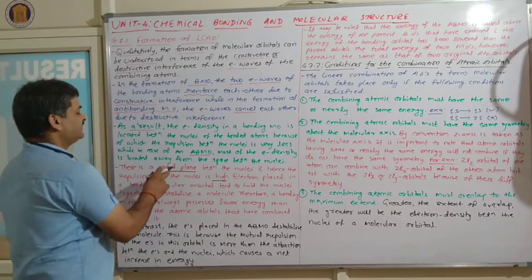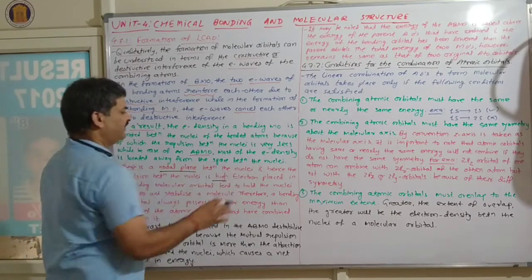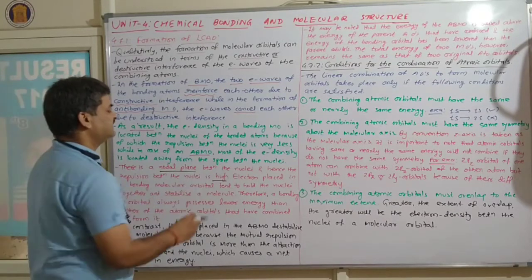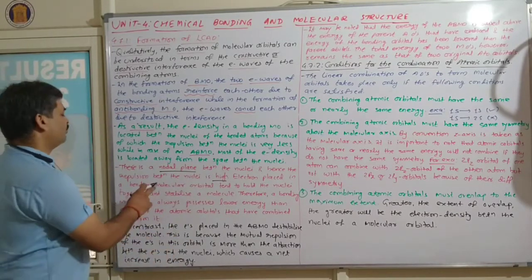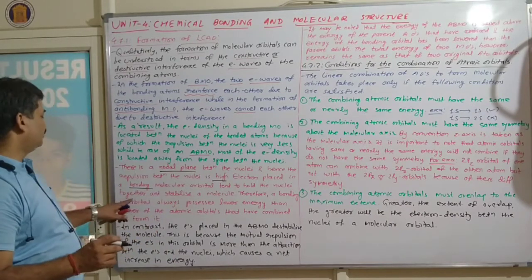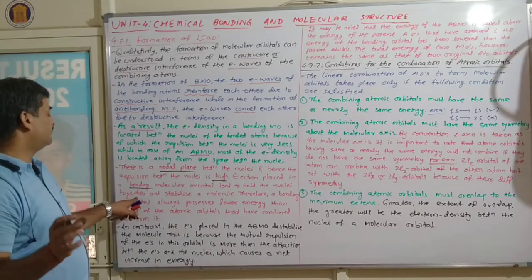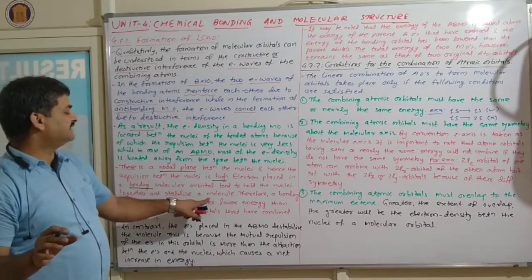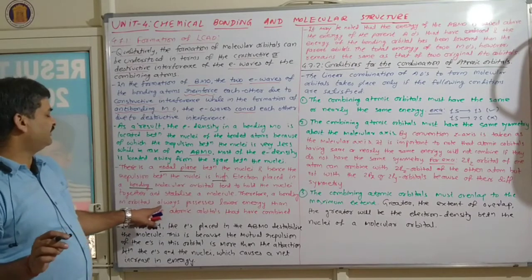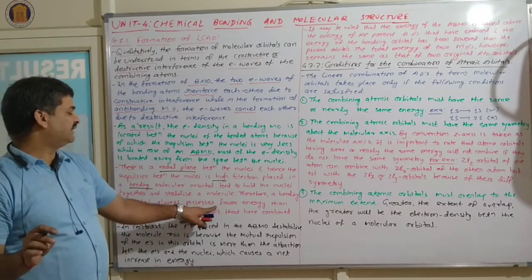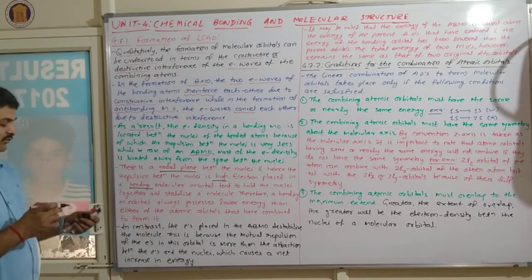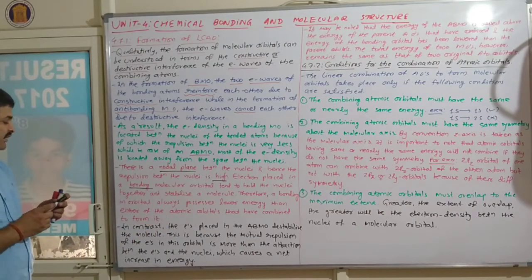So the electron placed in BMO tends to hold the nuclei together; bonding happens in BMO, and it stabilizes the molecule. It becomes stable. Clear?